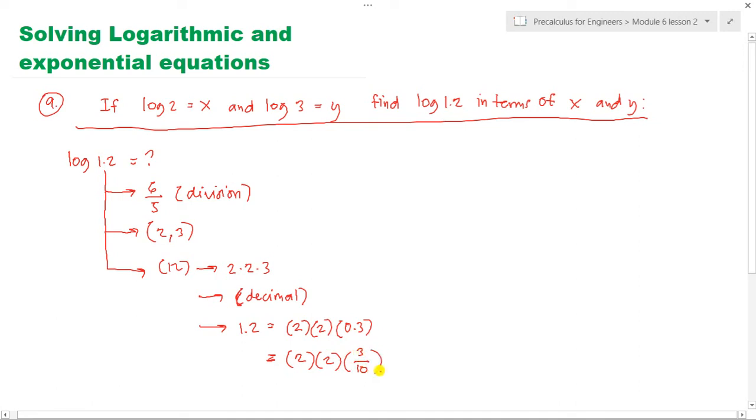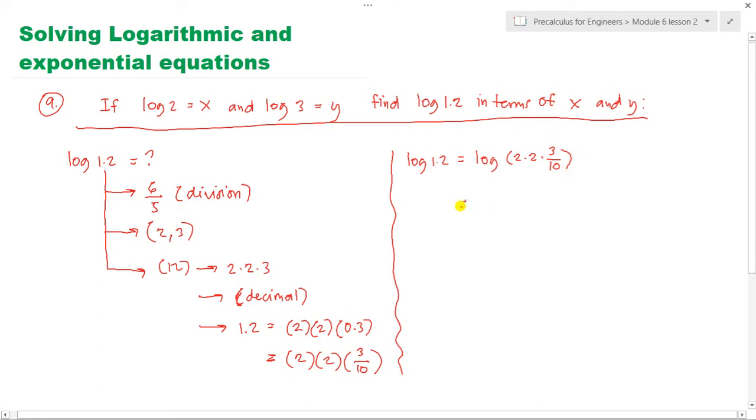Right? Ang resulting ana is 1.2. Now, applying that one sa ato equation, therefore, we can say that the log of 1.2 is just equal to the log of 2 times 2 times 3 all over 10.